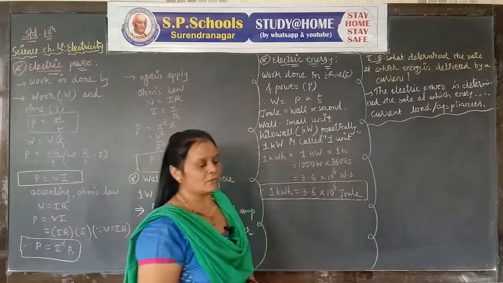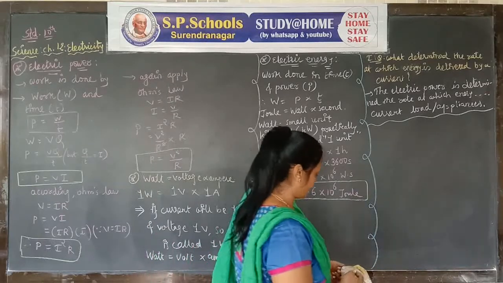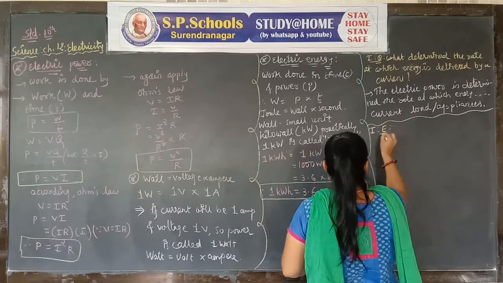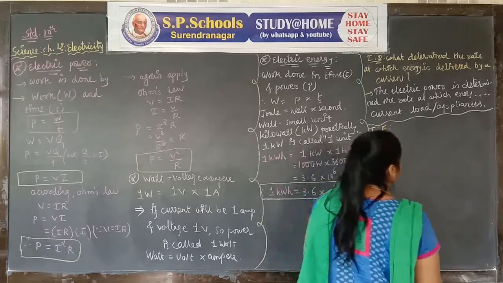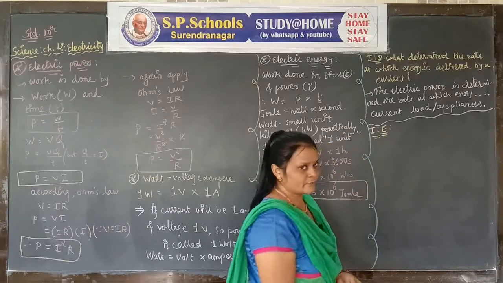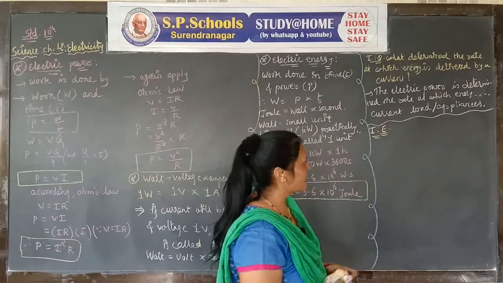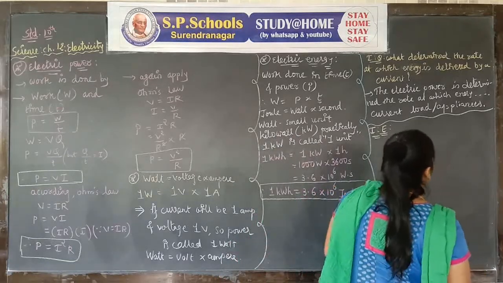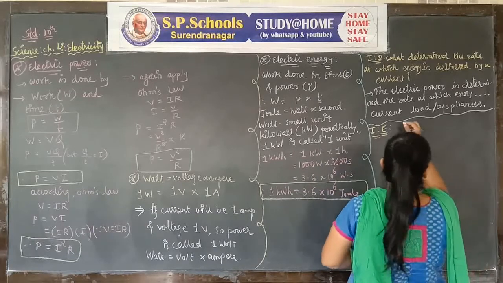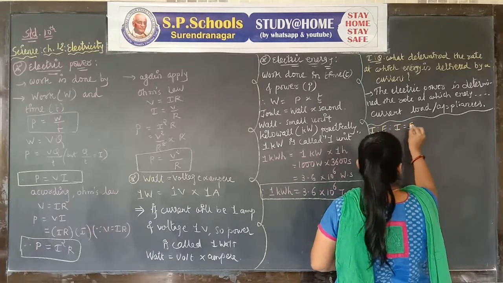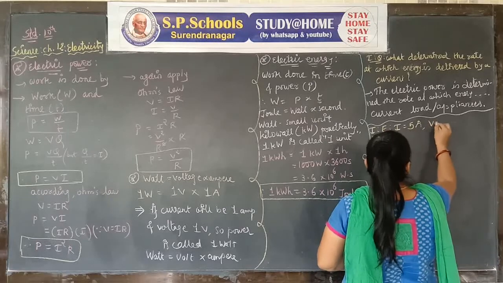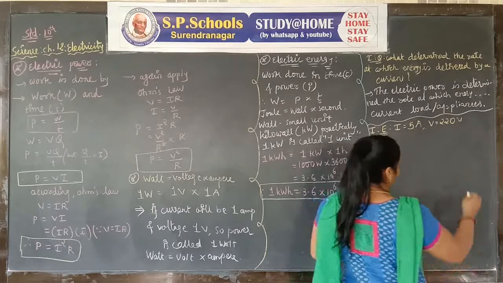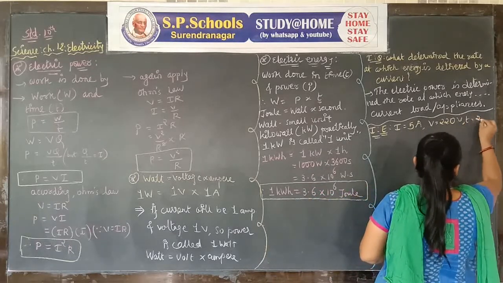Now we go through an in-text example. According to the information, you have to write the whole information and then calculate it. Here I can write directly. The current passed through it is 5 ampere, the voltage is 220 volt, and the time taken is 2 hours.